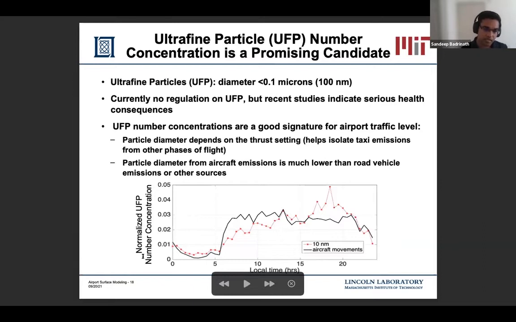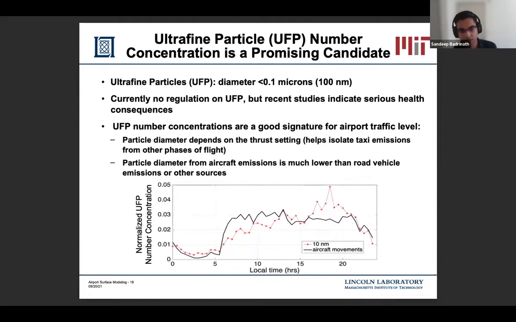This is the normalized ultrafine particle number concentration as a function of time at one of the 4 sensors. I'm looking at particle number concentration between 10 and 20 nanometers, shown in red. The black curve represents the total aircraft counts, that is departure plus arrival counts for each hour. You can see a good correlation between ultrafine particle number concentration and the aircraft movements.